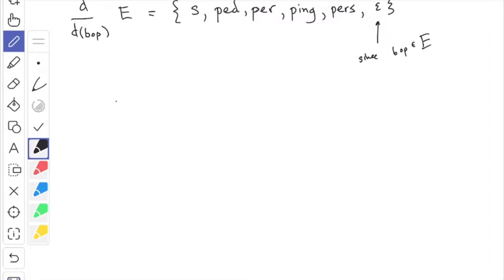Remember these derivatives, I mentioned this last time, derivatives correspond to moving the start state in a DFA.